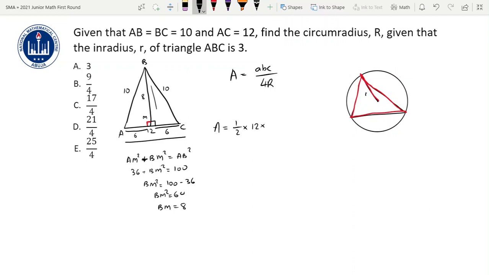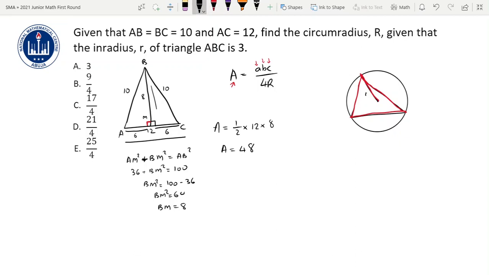So that's going to be half times 12 times 8, and here we're going to have that A is 48. So 48 is the area of the triangle ABC. Since we know the area of the triangle now, we know what A, B, and C are, and using that we can find R.